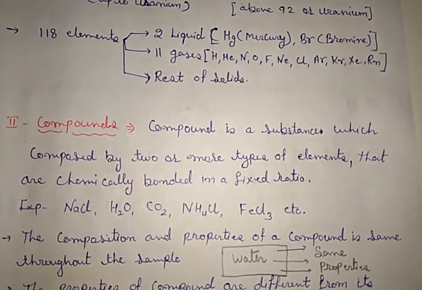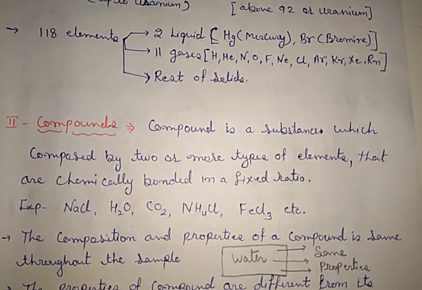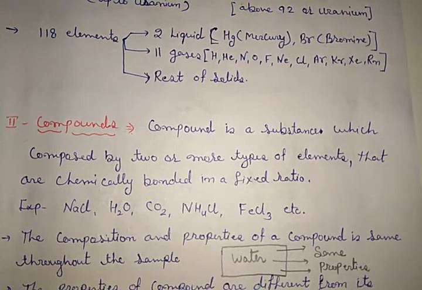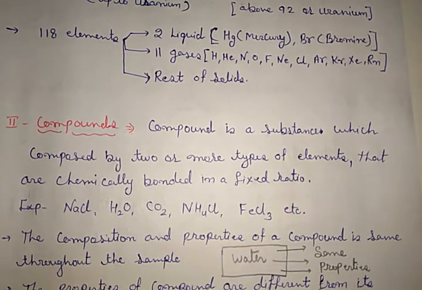Or if we consider the general definition, we can also say that a compound is a substance which is made up by the chemical combination of two or more elements, or two or more types of atoms.